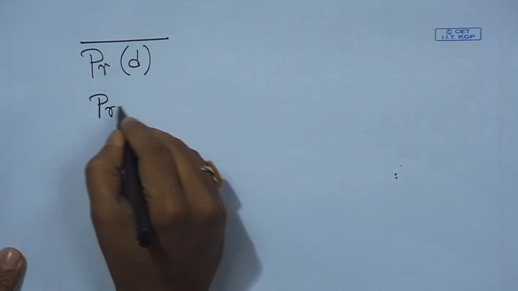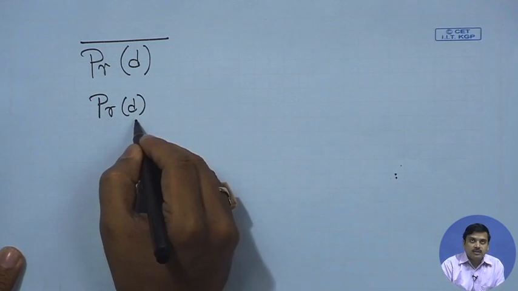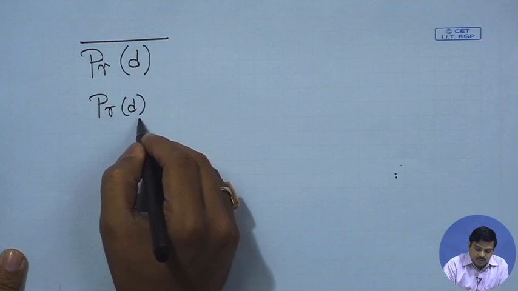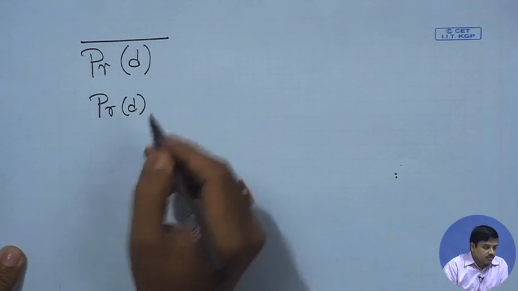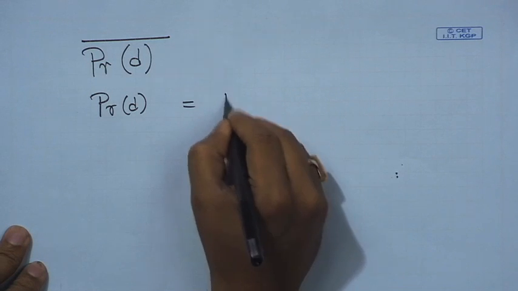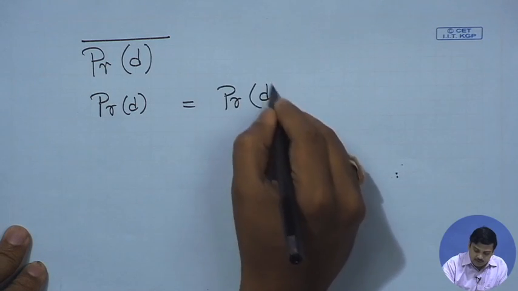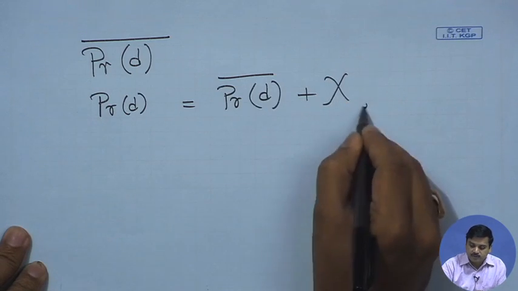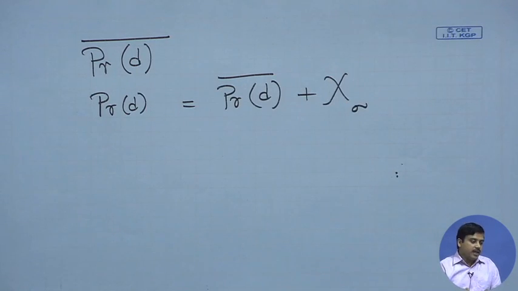Whereas, when we write Pr(d), we mean at a distance d, probably at a particular location, what is the received signal strength. Now, this you could also say is like the path loss or the received signal strength at d, plus there is some random fluctuation beyond the average.